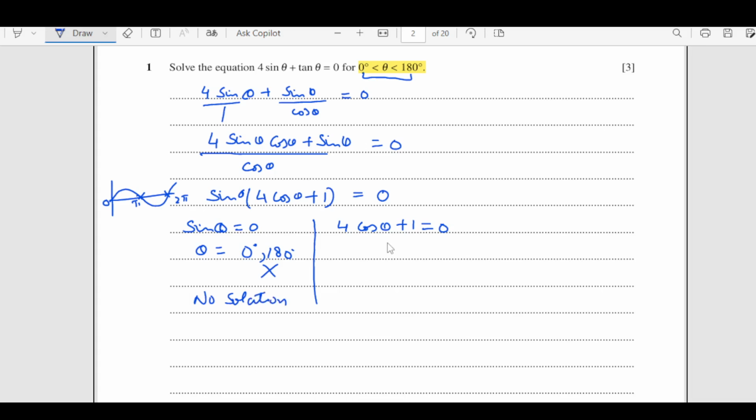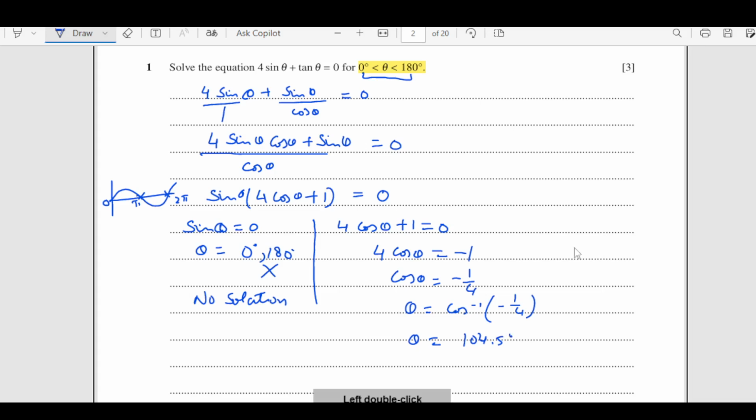Now let's see what happens here. 4 cos theta equals -1, so cos theta is equal to -1 over 4. Then theta is cos inverse of -1 over 4. Just use your calculator, and we get the value of theta as 104.5 degrees.